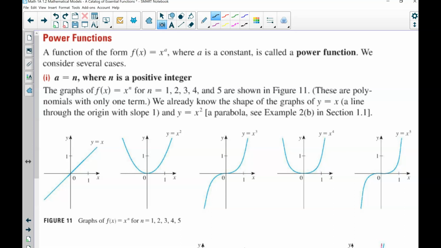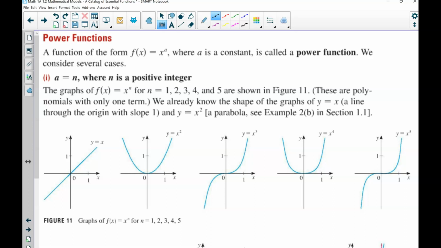So if n is even, then f of x equals x to the n is an even function, and its graph is similar to the parabola of y equals x squared. If n is odd, then f of x equals x to the n is an odd function, and its graph is similar to that of y equals x cubed, which is the cubic function.